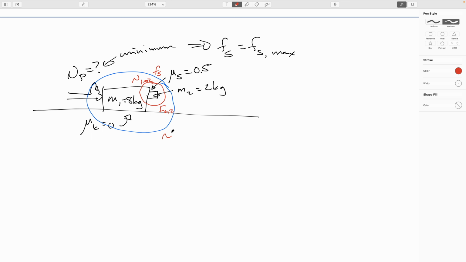For the blue system, what we have are a normal force due to the table, no friction because we turned it off, a normal force due to the push, and a long range force of gravity acting on both masses 1 and 2, because remember, this is a combined system.